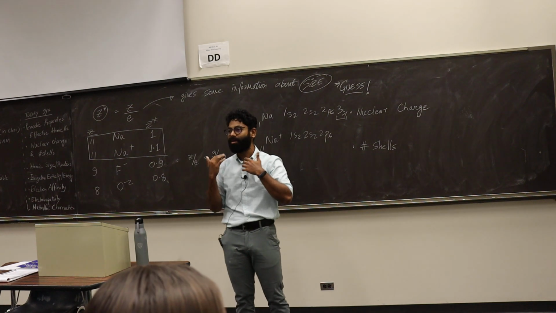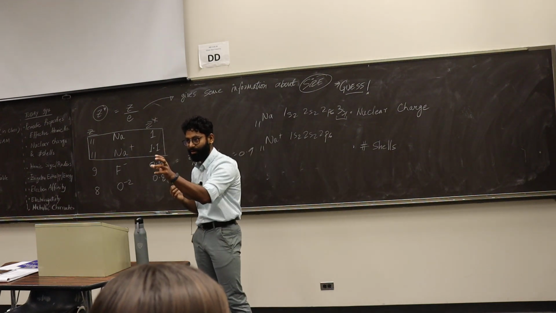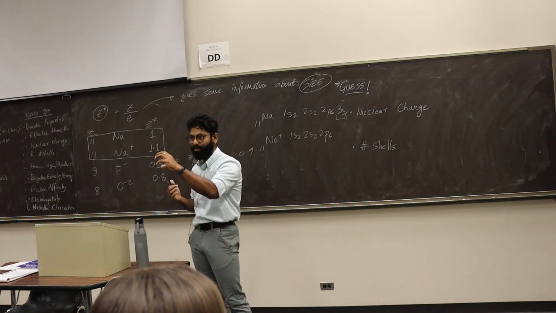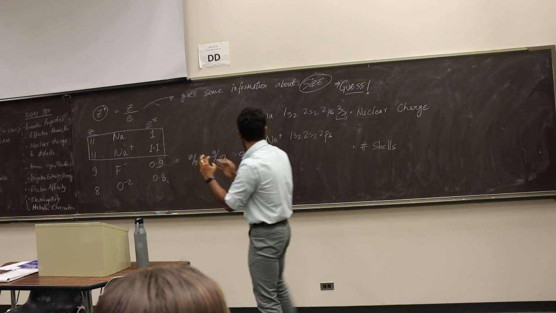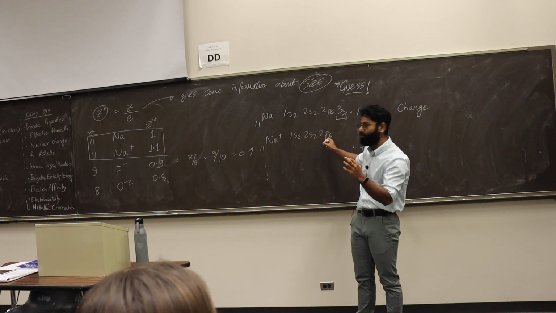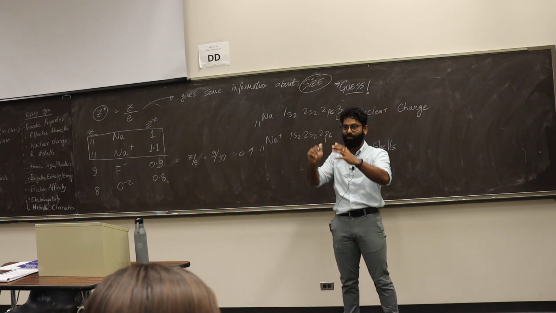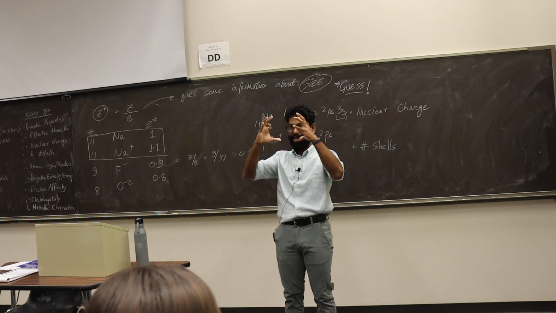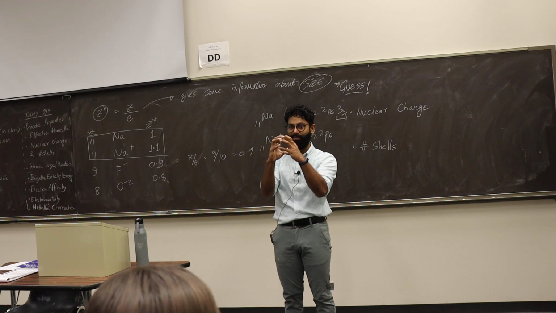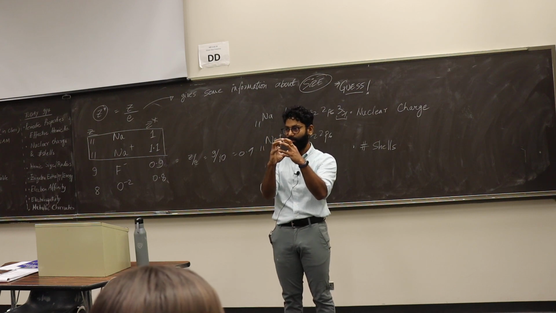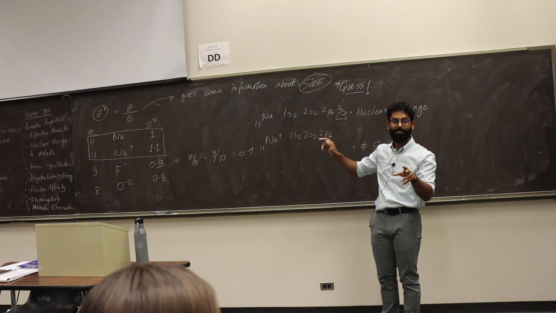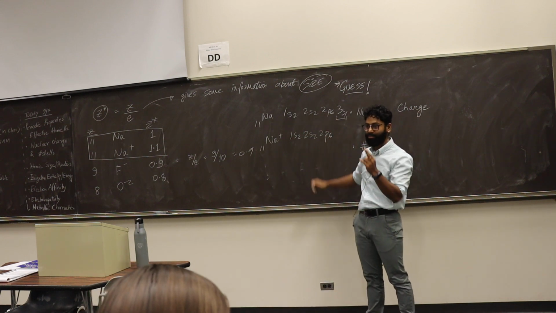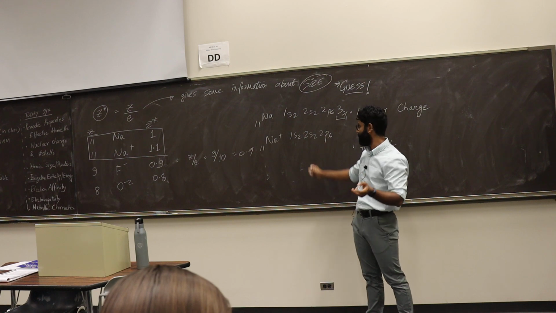But if that electron is not there, can you see that electron? If the electron is not there, it went from 3s to just 1s2, 2s2, and 2p6. So what was 3s has now been confined to just the 2p6. So basically, there were 3 shells, and now there are just 2 shells. Shell 1 and shell 2 here.